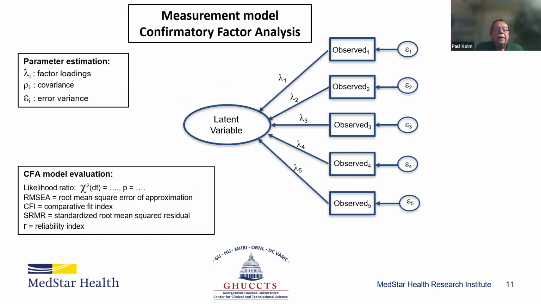So as an example here, I'll show you how this looks in the SEM diagram for a latent variable that we are going to say is comprised of 5 different observed variables. And so if this is our model here that we're looking at, then this is what's called confirmatory factor analysis. And so we have the factor loadings of each observed variable on the latent variable.